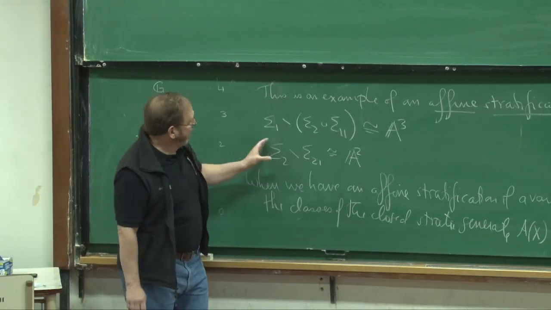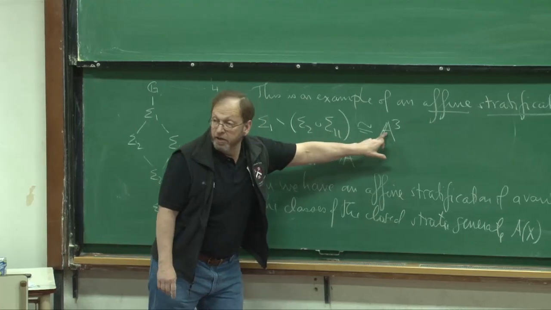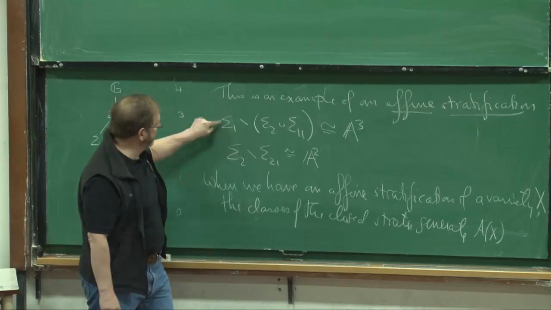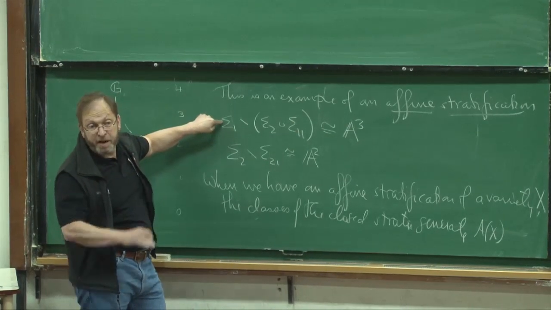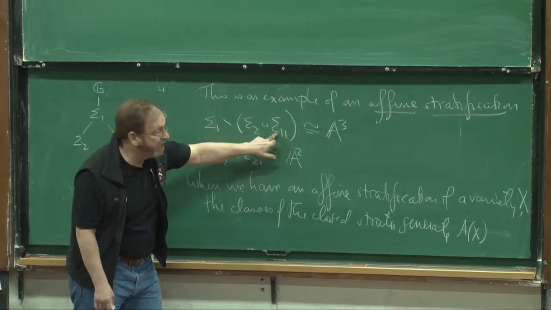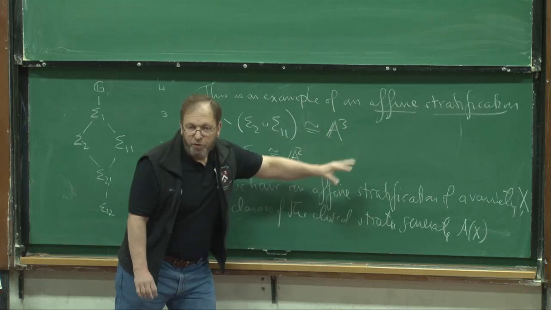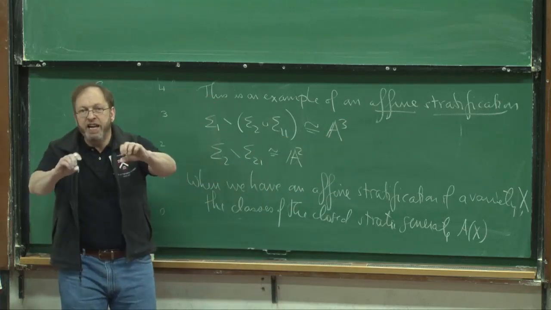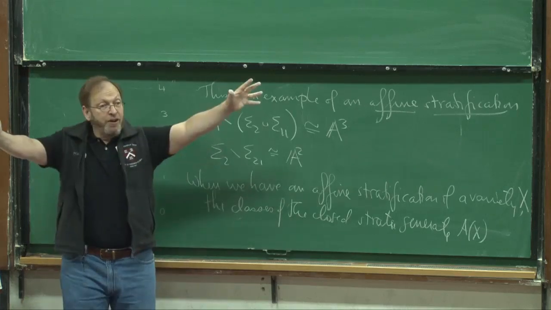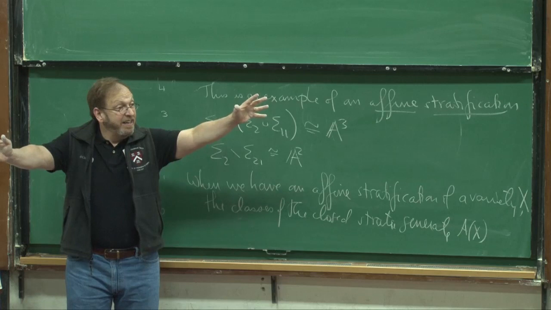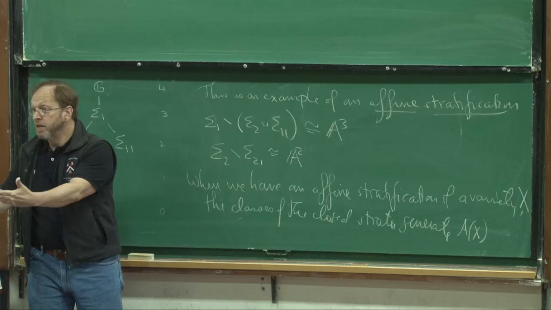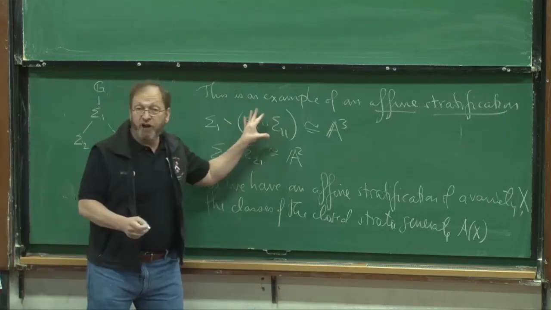If you have a cycle, for example, that lives in sigma 1 and meets A3, but is, say, a proper subvariety of sigma 1, and it's not contained in sigma 2 union sigma 1,1, in other words, if it meets the A3, we can look at the open subset where it meets A3, and we can choose an origin in A3 away from it and just project it out, multiplied by T, to get a family of subvarieties of the Grassmannian, parameterized by T, whose original member is just the variety we started with.